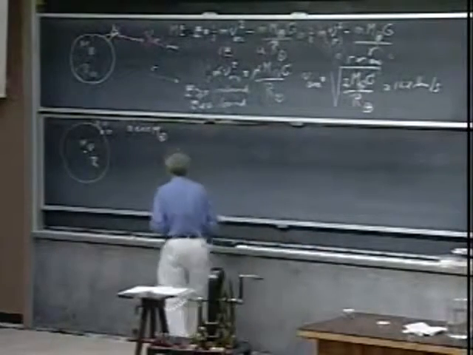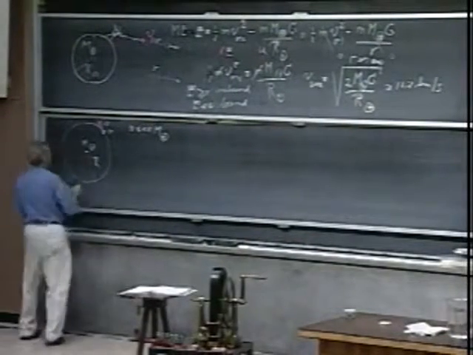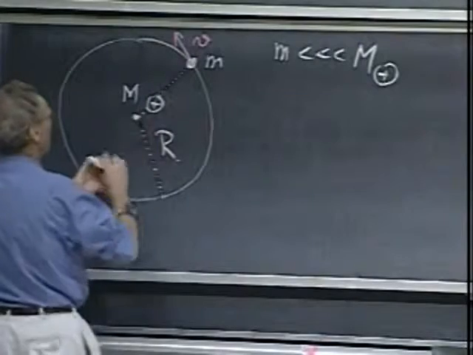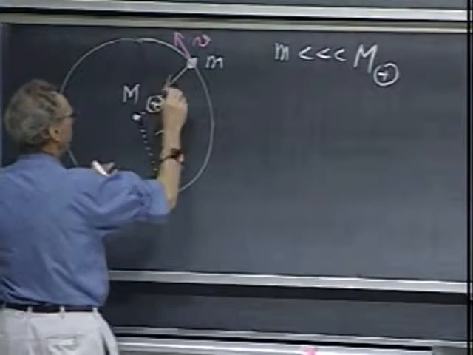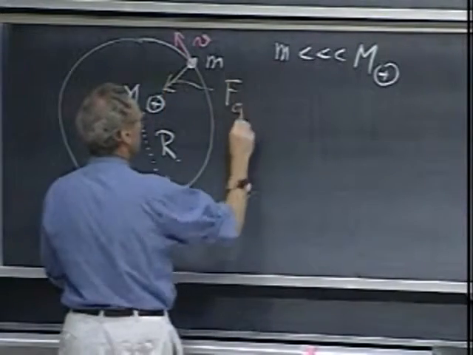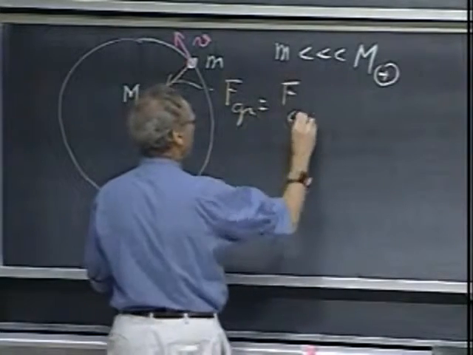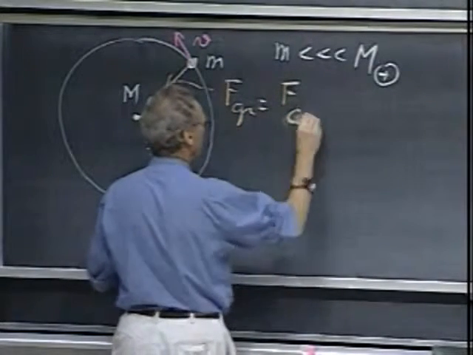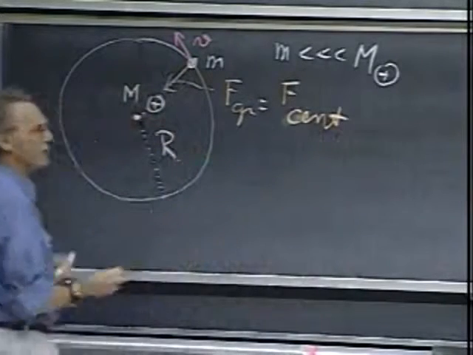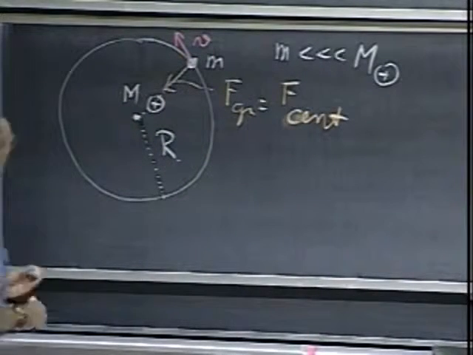The speed doesn't change, but the direction changes, and there has to be a gravitational force to hold it in orbit, and the gravitational force is exactly the same as the centripetal force. We've discussed that many times before.